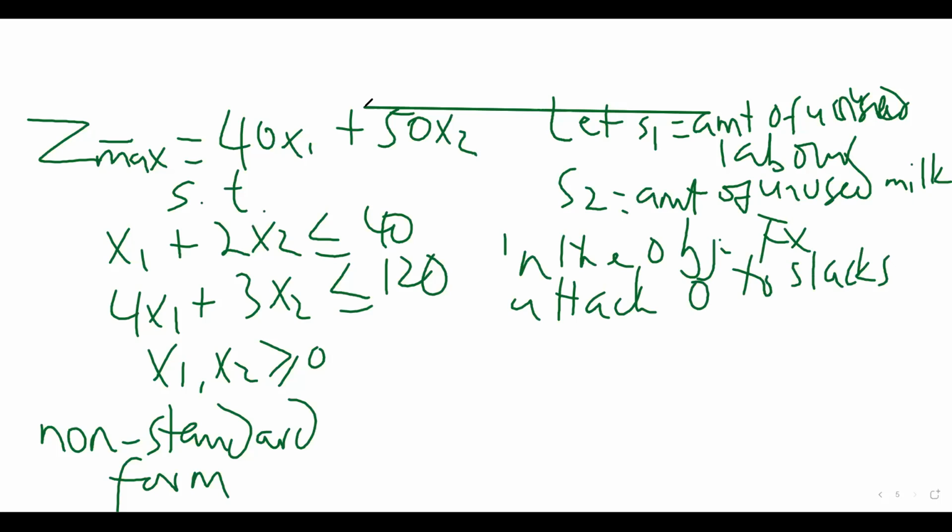And it's true. Let me give you a practical reason why this intuition is good. Slacks are resources you didn't use. So let's take some hours. You were supposed to spend 7 hours yesterday. You did not spend those 7 hours. How is that going to contribute to the profit of yesterday? There's no way.